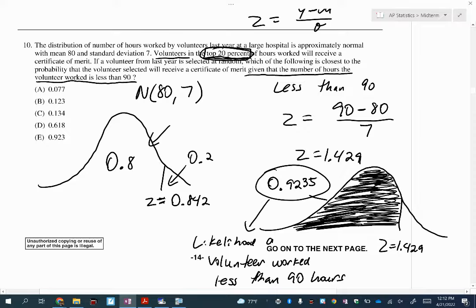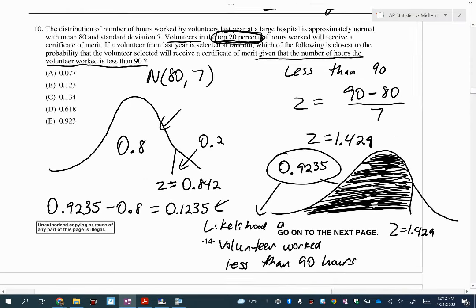The area in the top 20%, they get the certificate of merit. So I'm going to do 0.9235 minus 0.8, and that's going to give me 0.1235. This is not the answer. I know many people think it's the answer. This is the likelihood that you got the certificate of merit and you worked less than 90. So now here's the last step.